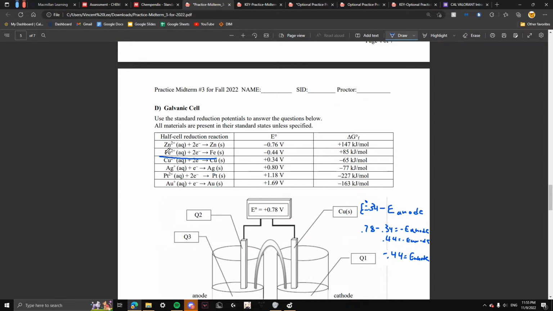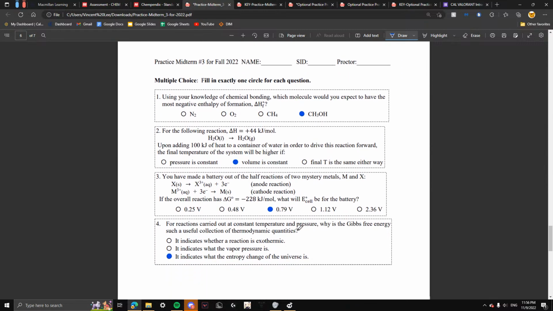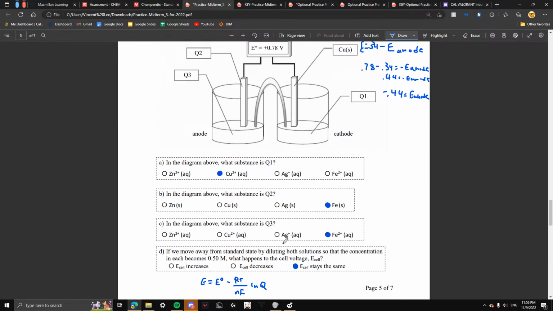Because both Cu and Fe are 2 electrons, so that they're both going to have the same coefficient in their reaction, we can instantly tell that Q is going to be equal to 1 when both of them become 0.5. So E minus RT and F blah, blah, blah, it's literally going to become E minus 0. So it's just going to stay the same.